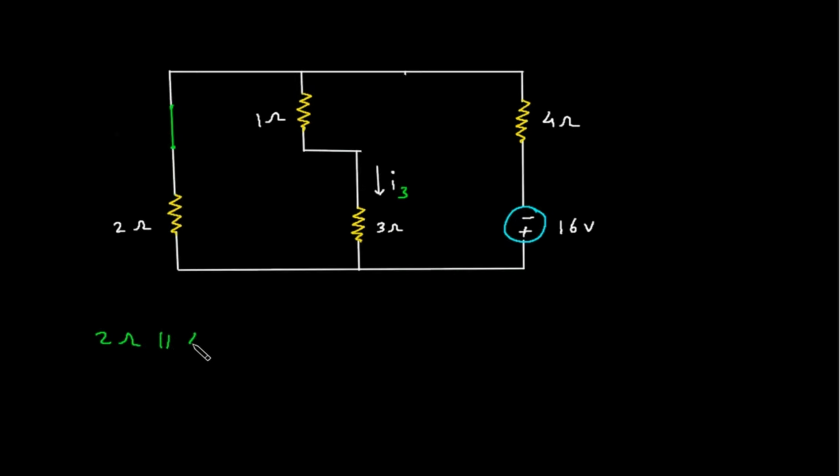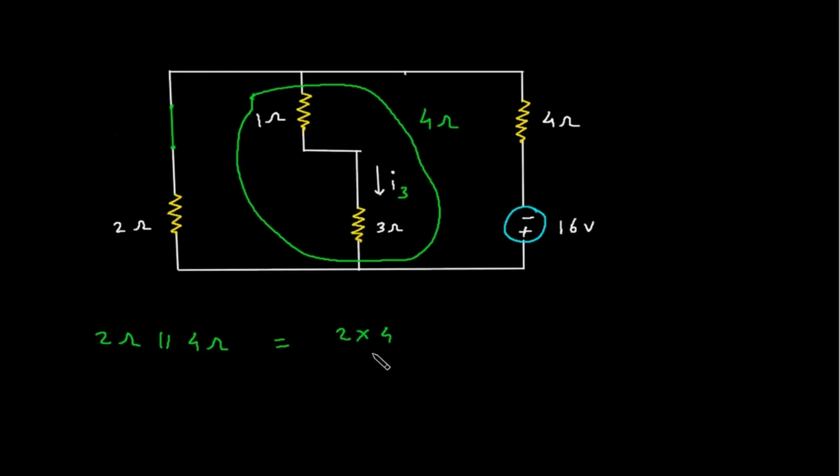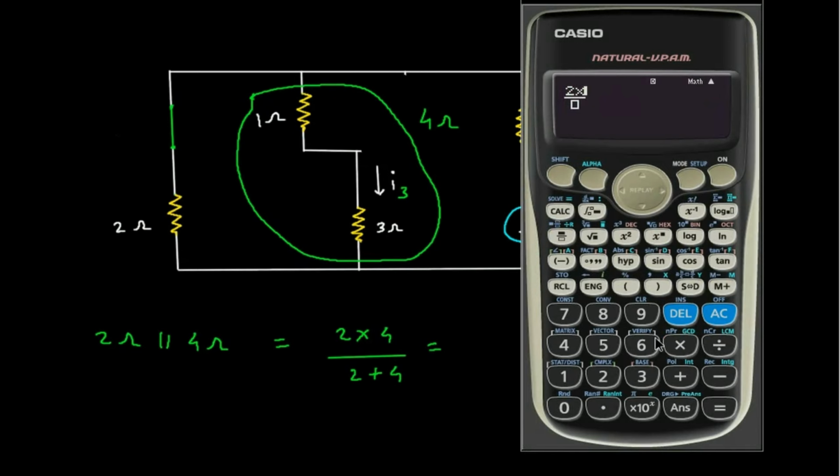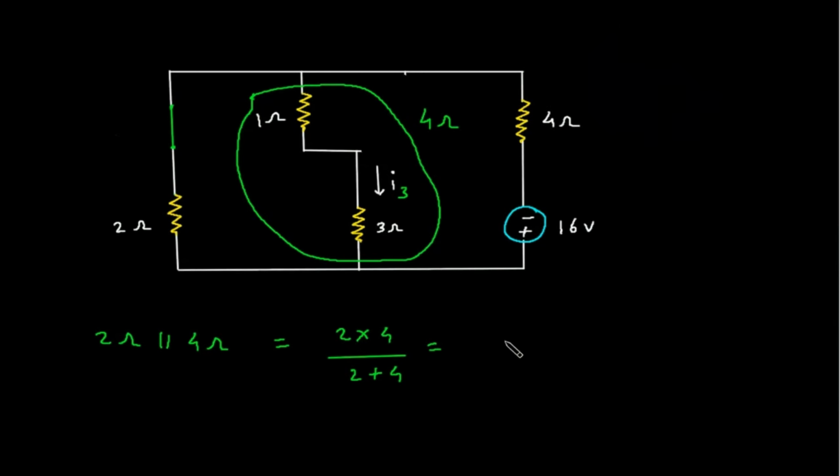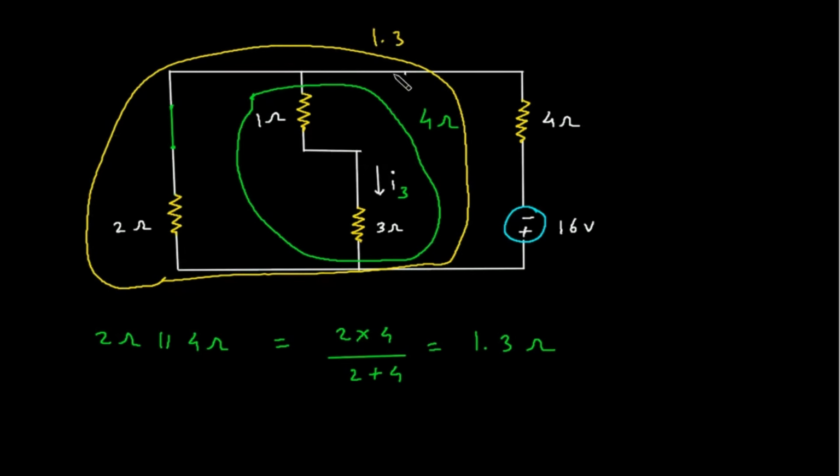So 2 ohm parallel with 4 ohm will be 2 into 4 by 2 plus 4, which is 1.33 ohm. Now 1.33 is in series with 4 ohm, so this will be total resistance R equal to 5.3.